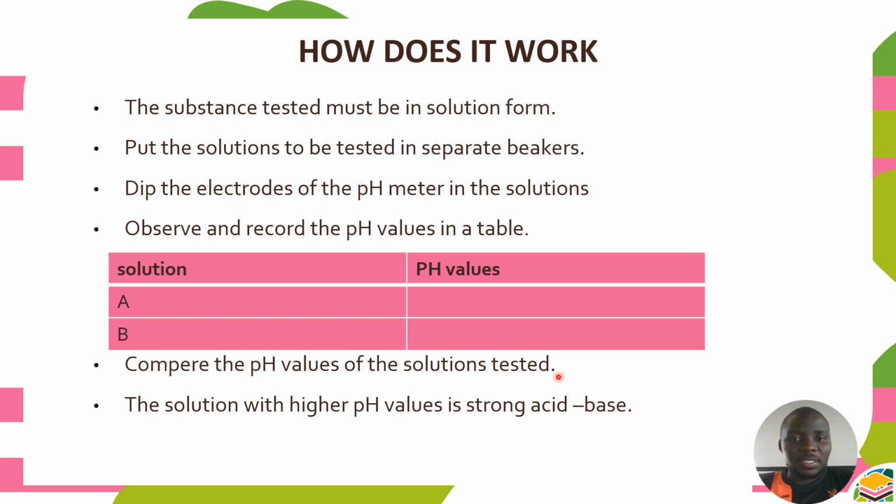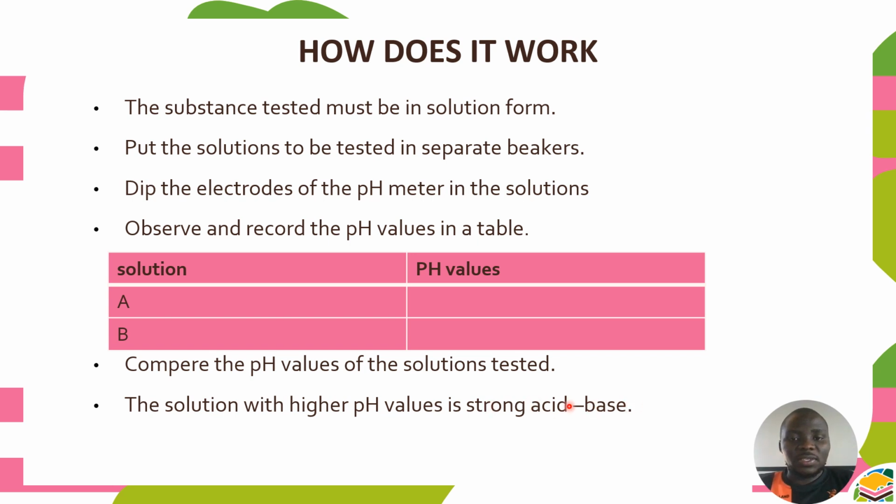So how do you know that this one is a strong or weak acid? The solution with the high pH value is either a strong acid or base, depending on the solution that you are using. You can only test the strength amongst only the bases or only the acids.